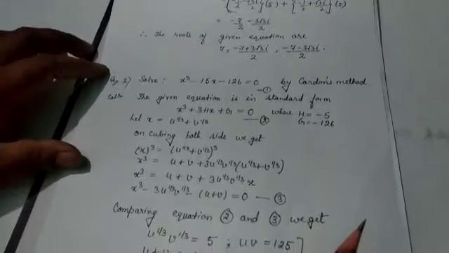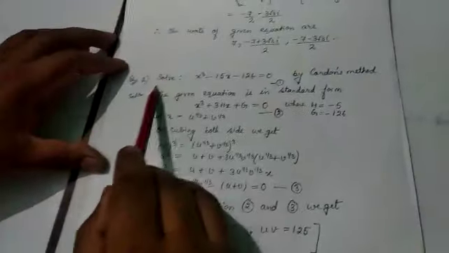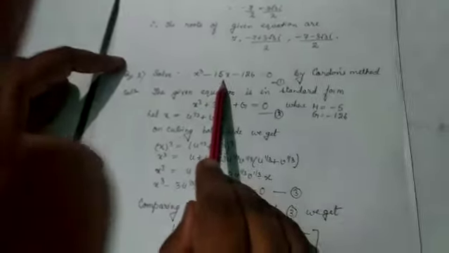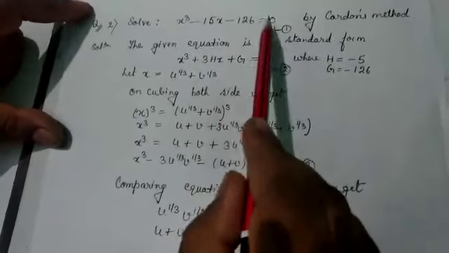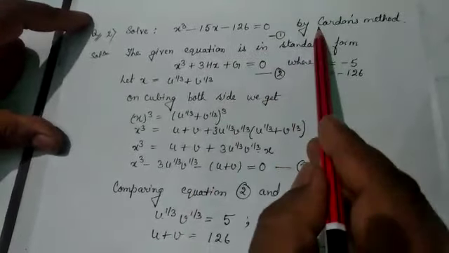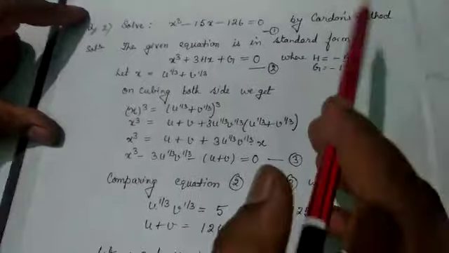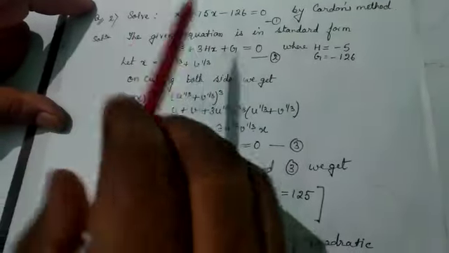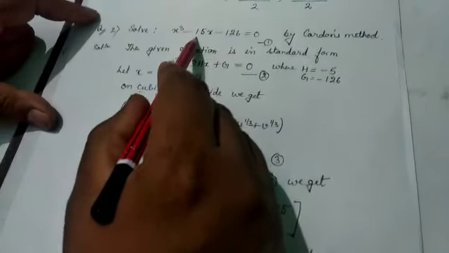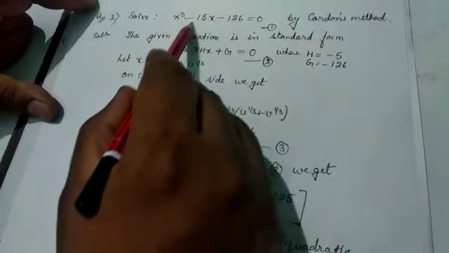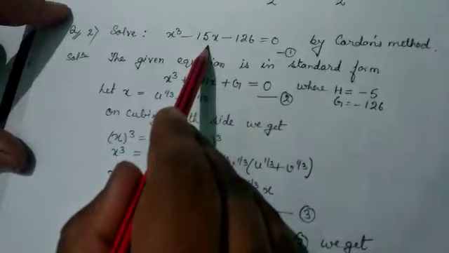What is our second question? The second question is solve x cube minus 15x minus 126 is equal to 0 by Cardan's method. Here also we'll do it in the same way. Here you can see that the term of x square is missing.